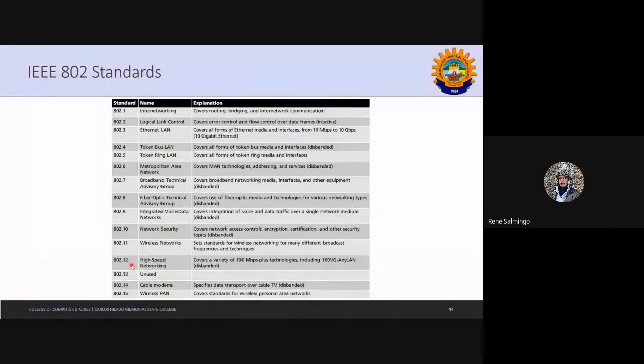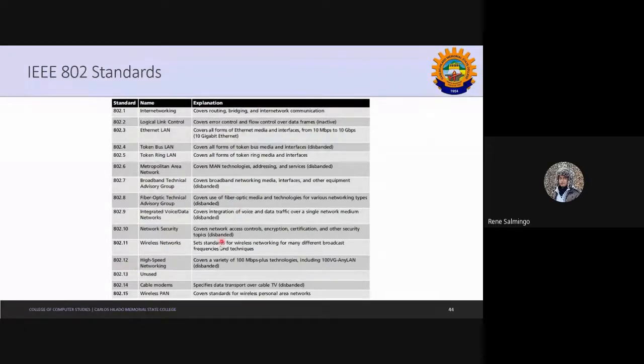These were not continued because they're preparing the standard for the future. So what is left now is 802.5, which covers all forms of token ring media and interfaces.